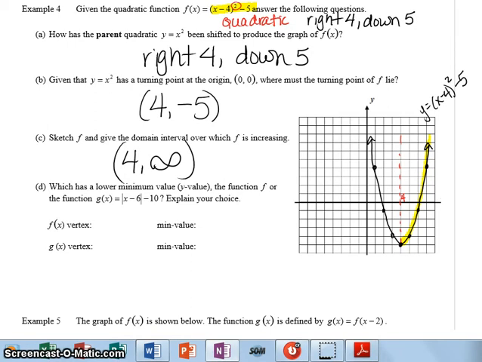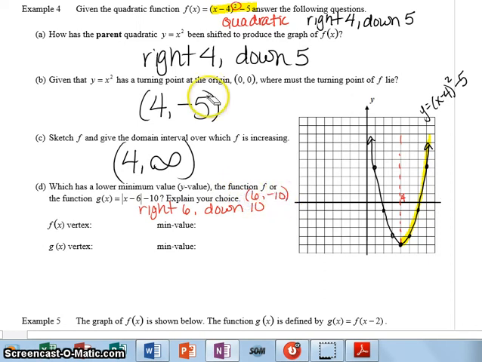This would shift the normal absolute value graph right 6, down 10, which means that absolute value has a vertex of (6, -10). So -10 is lower than -5. So you know that this g function is going to have a lower minimum, because -10 is lower than -5.